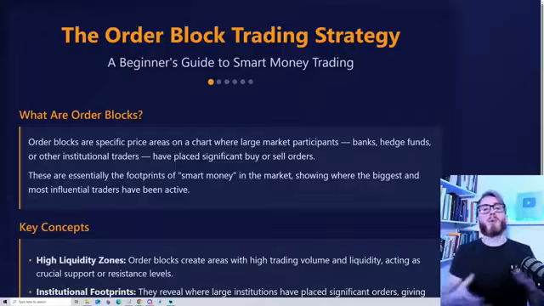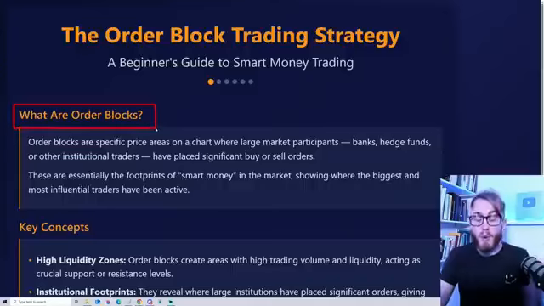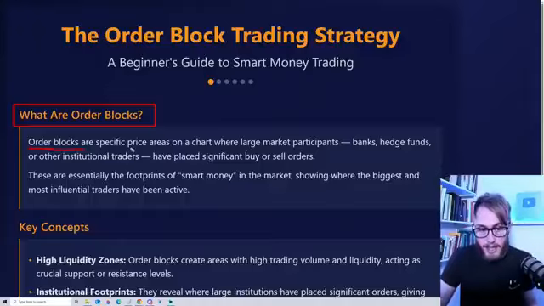But alright, so before we can start identifying and trading order blocks, we of course first need to know what an order block is in the first place. Order blocks are basically specific areas on the chart, and in this video I will show you guys exactly how to identify them.